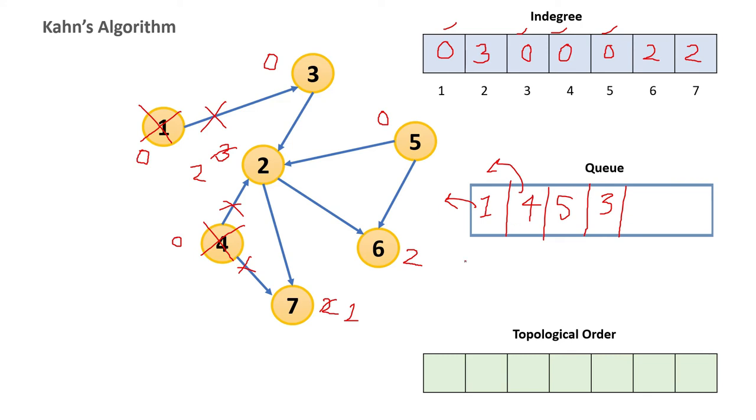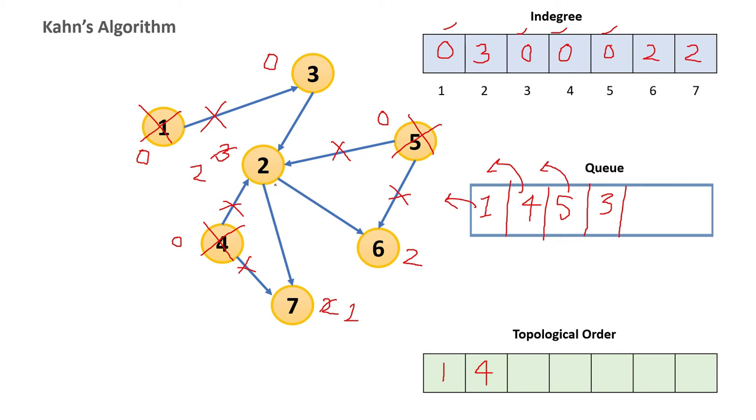One more thing I forgot to mention here: whatever I pop from the queue, I have to maintain that here. That is the topological result I am also getting. Now I will process 5. When I process 5, that means I have to take 5 out, and 5 has dependency with 2 and 6.